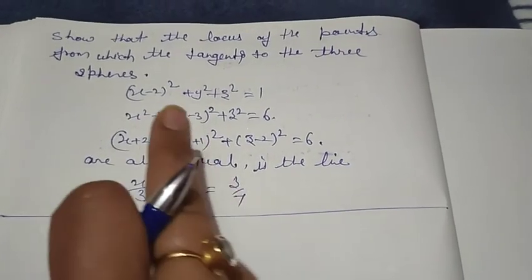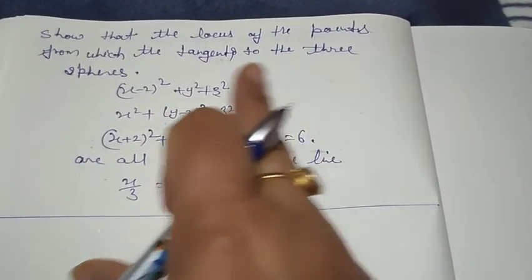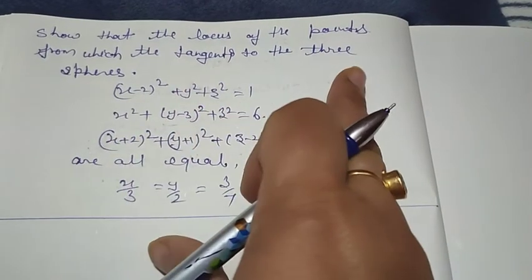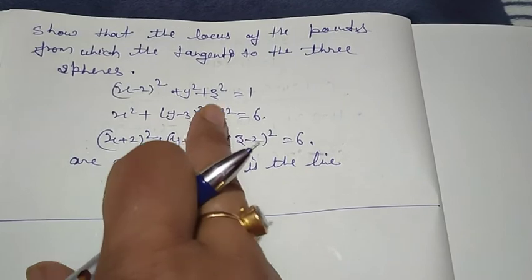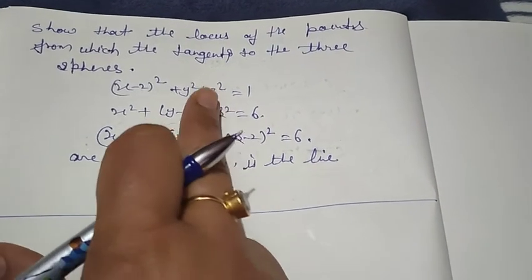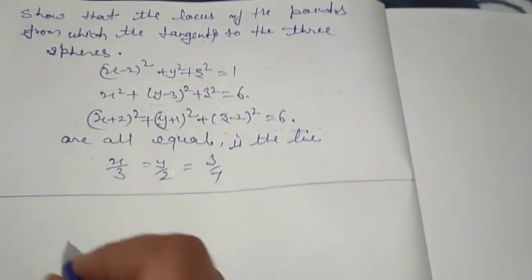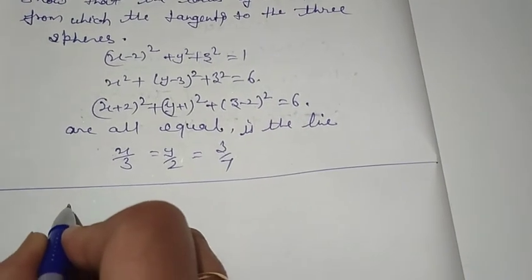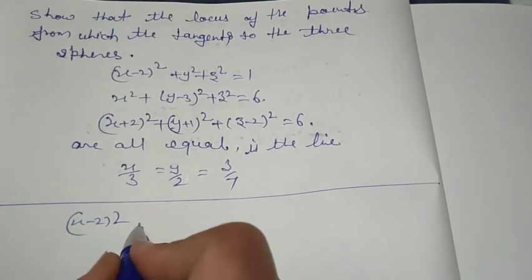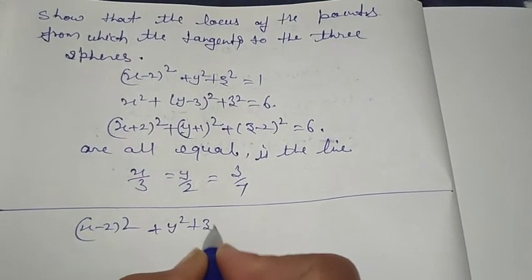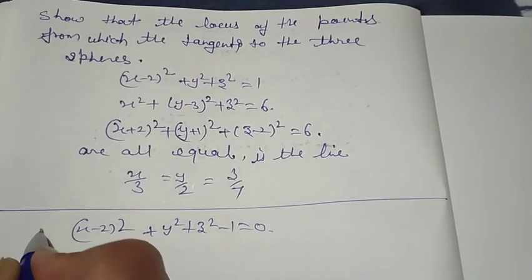Now next question. Show that the locus of the points from which the tangents to the three spheres are all equal. We find the length of the tangent of these three spheres. Let S1 be the first sphere, with equation (x minus 2) square plus y square plus z square minus 1 is equal to 0.